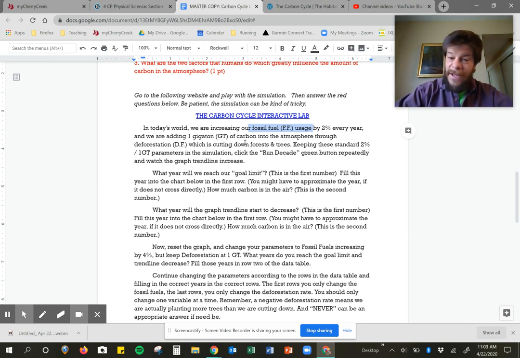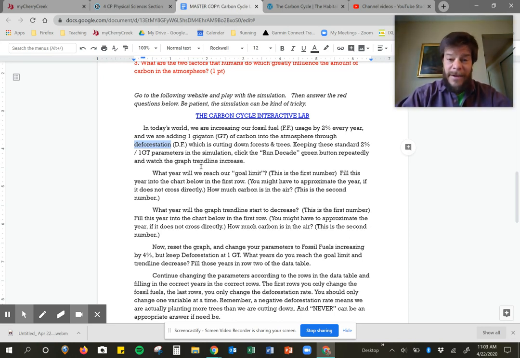Or we can change by B, deforestation, which is just a fancy way to say cutting down the trees. So by either changing the amount of fossil fuel we put into the atmosphere and the oceans, or by changing the amount of trees that can get rid of that stuff, we're going to modify what the Earth is doing.